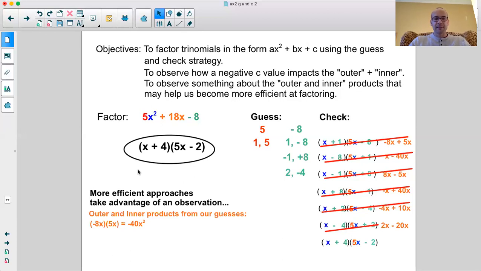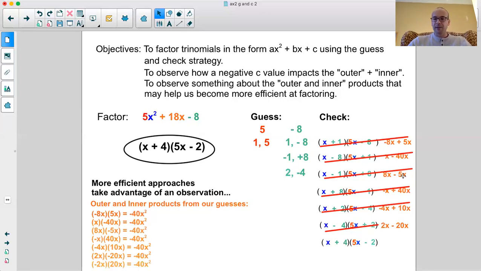By itself, that's not impressive. But you look at the next outer and inner product, the x and the -40x, that has a product of -40x squared. And if you look at every single other guess that we've made, including the one that was successful, every single one of those products of my outer and inners is a -40x squared. There's got to be something that we can take advantage of.